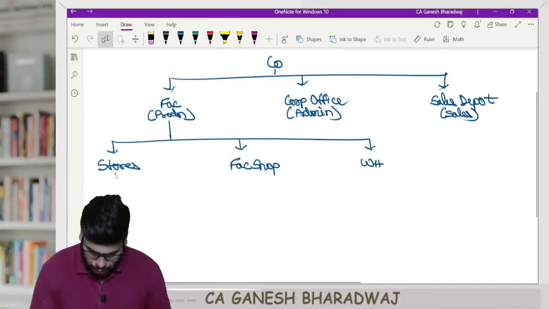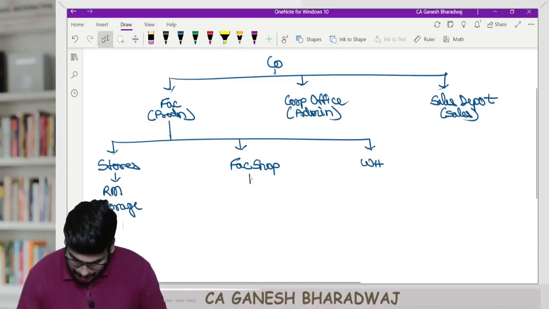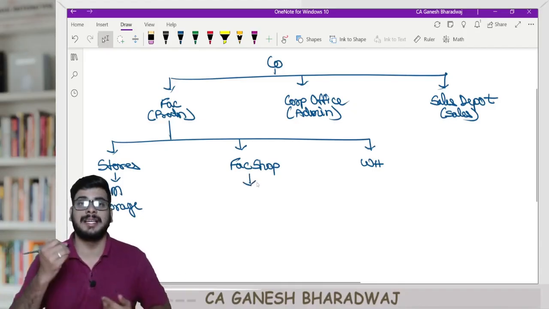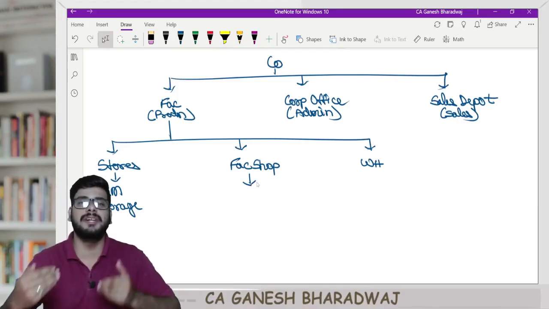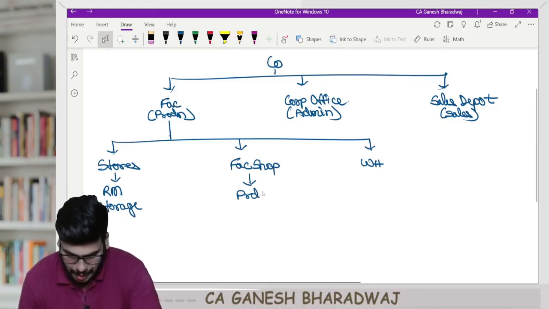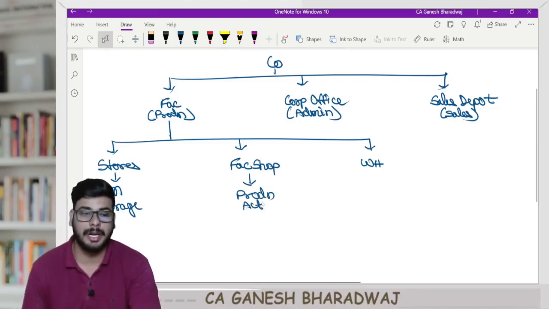Now, in the stores area, what happens? Raw material storage happens. In the factory shop, what happens? This is the place where the machines are present and the raw material gets converted into FG. In other words, the actual production activity happens here in the factory shop.